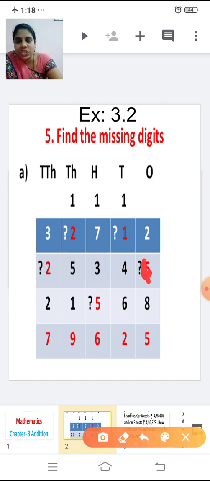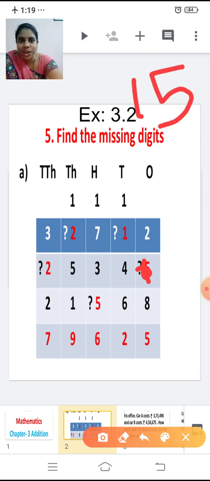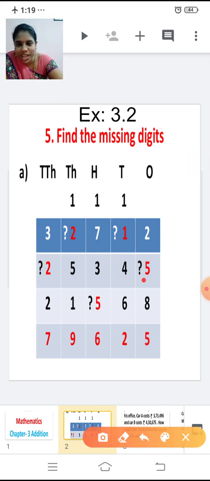After 10, 11. But is the unit digit 5? No. 12, 13, 14, 15. So 15. I got the unit digit as 5. How many numbers did I add? 5. So write 5 inside the box now.